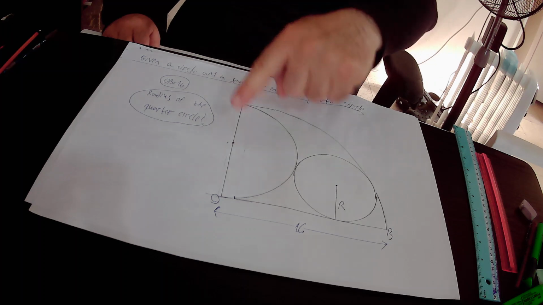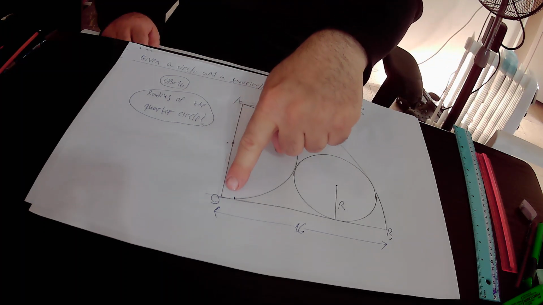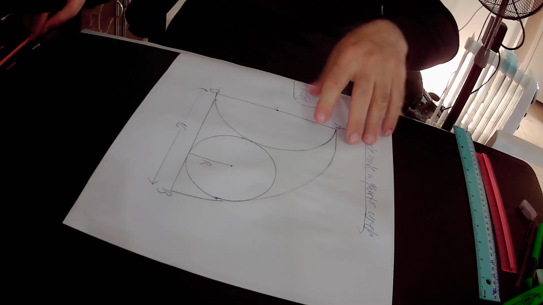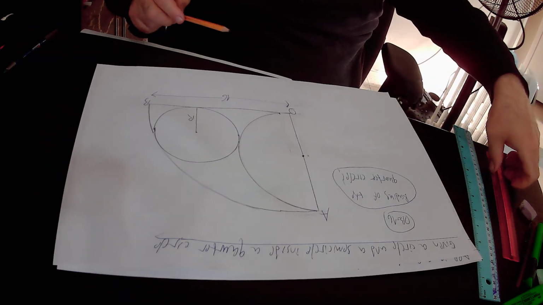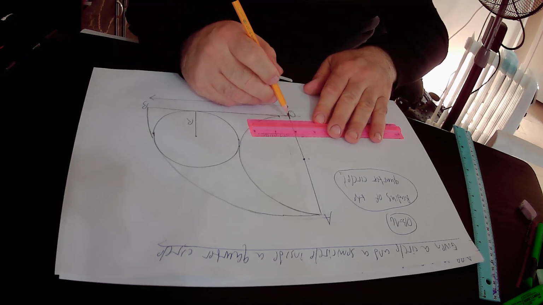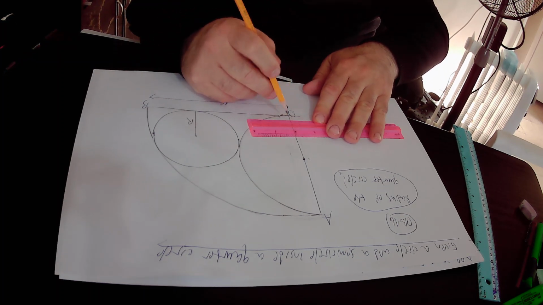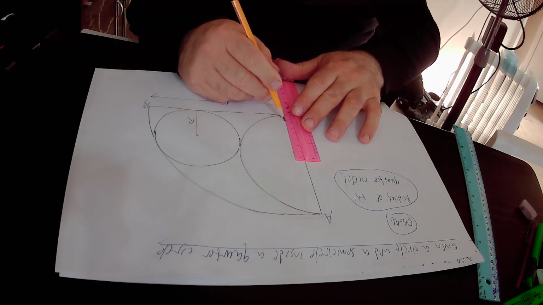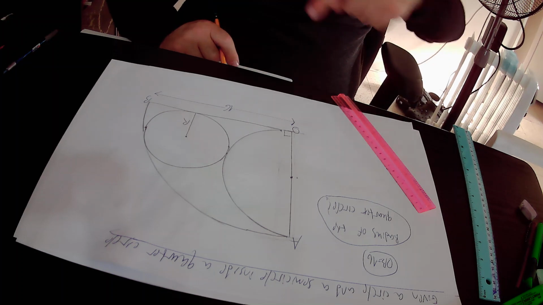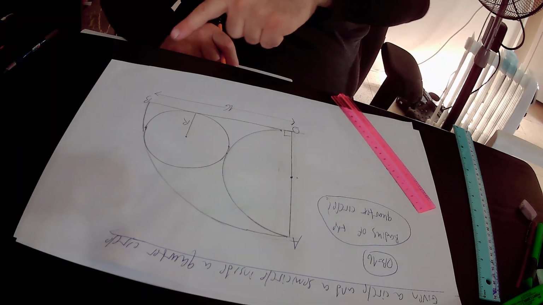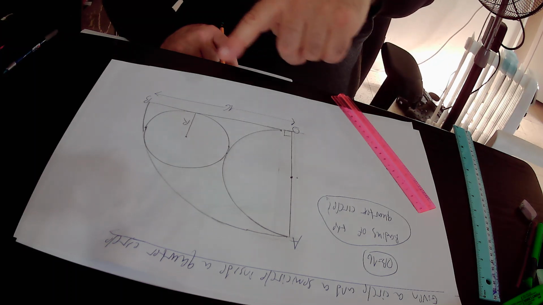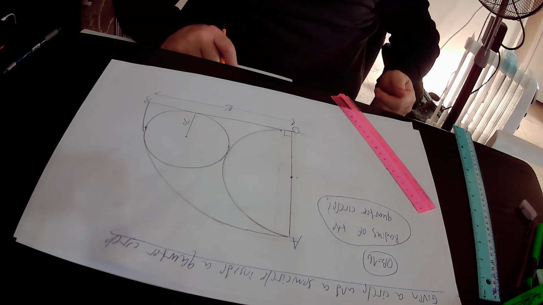we know that AOB is a quarter circle, therefore angle AOB, this angle, equals 90 degrees in its size. In addition, side AO equals side OB. Both sides are the radii of this quarter circle, therefore they are equal to each other.